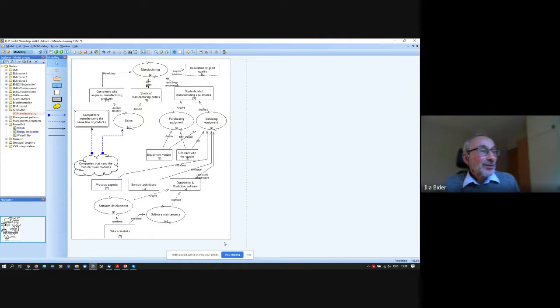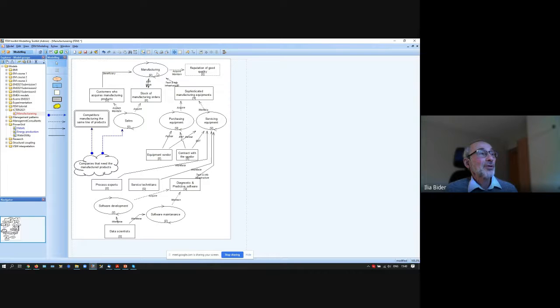So this is a tool with which we worked. And I start with explaining this diagram and some basics about fractal enterprise model. The main elements are processes, which are ovals, and assets, which are rectangles. If we have a process, it's not a process instance, it's a process type. To run instances, we need some assets that are engaged in this process.